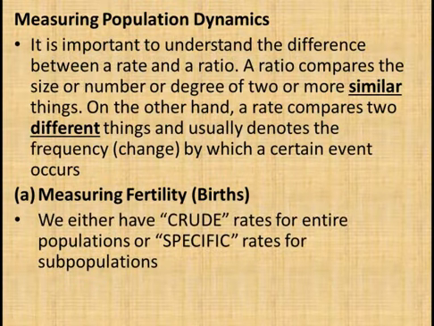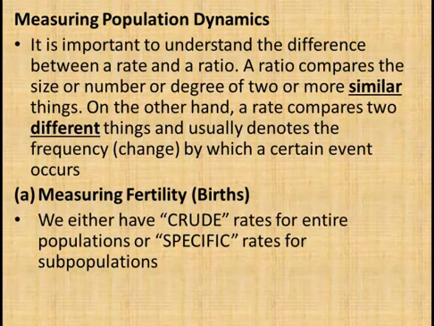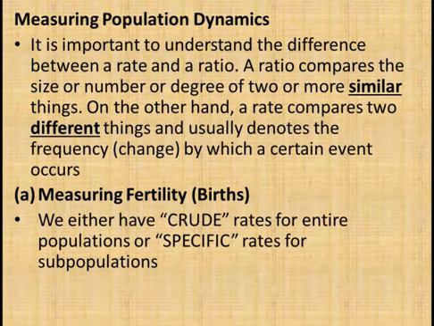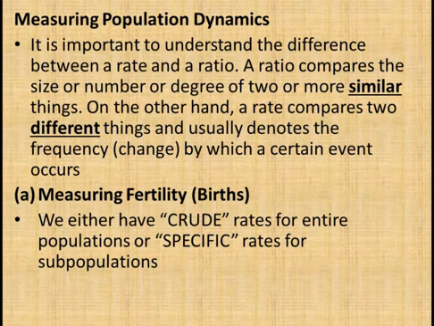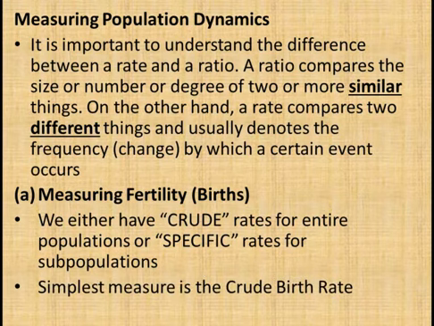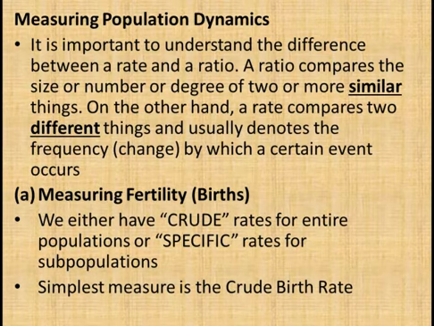We either have crude rates if the measure is for the entire populations, or specific rates if the measure is for subpopulations. And the simplest measure of natality is the crude birth rate.